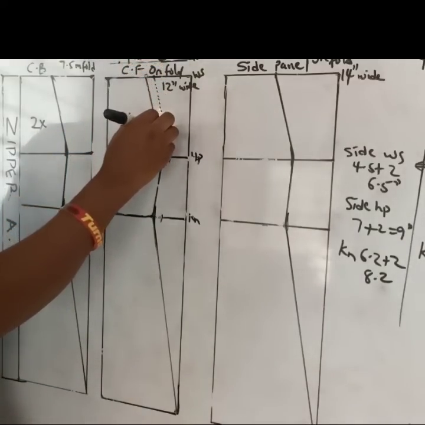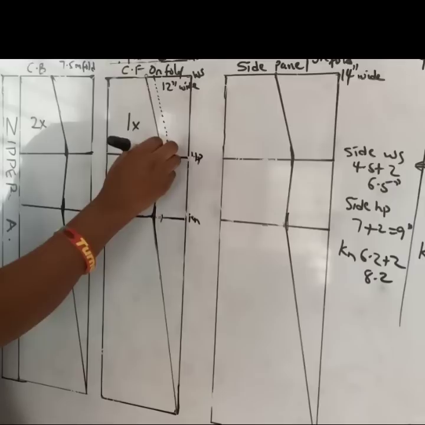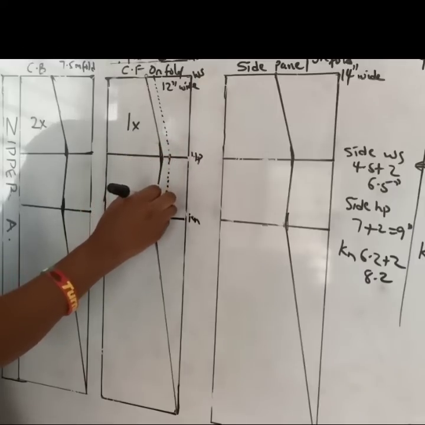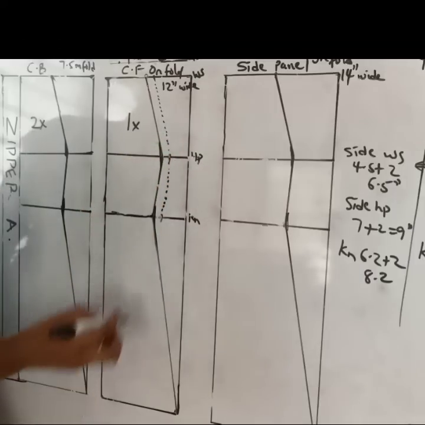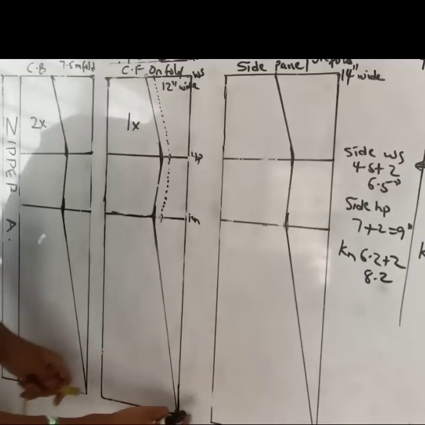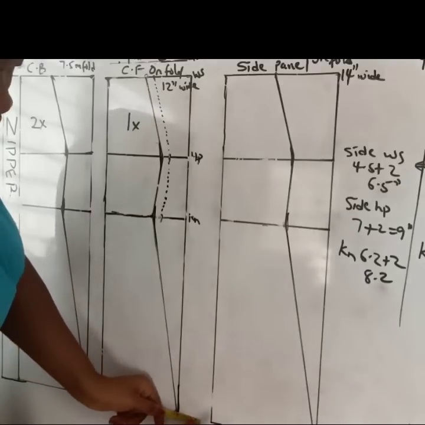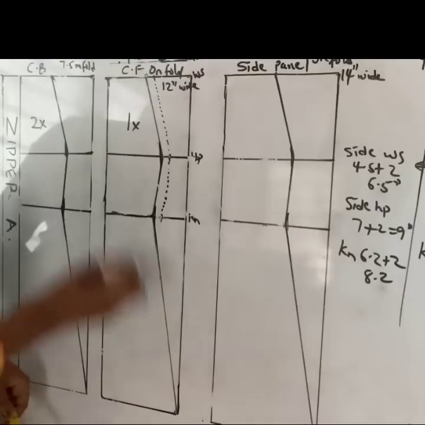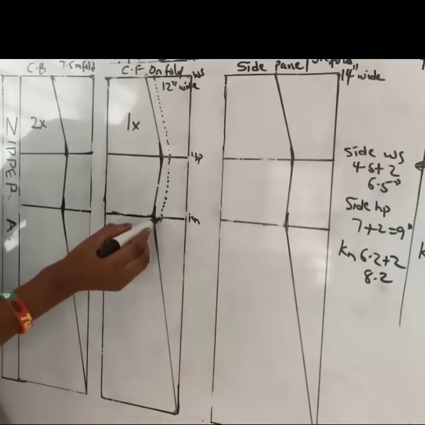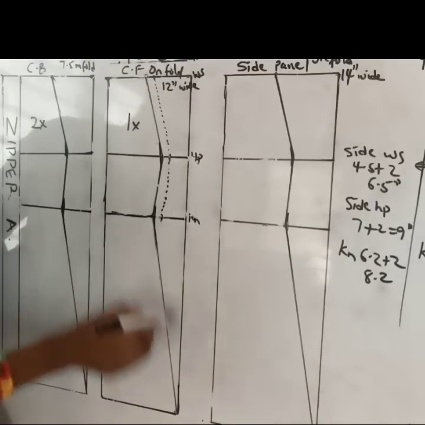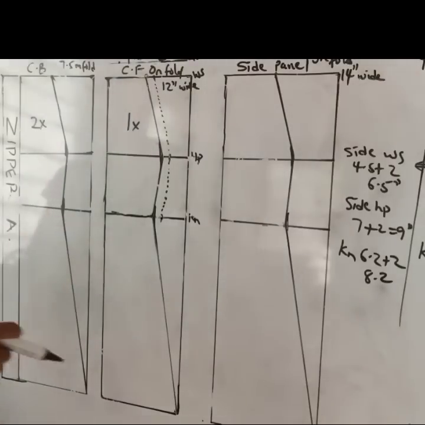I'm using dotted lines because I don't want to mark it like this. And then this side has extra 2 inches to make the flare come out very well, and then you connect here to that point.